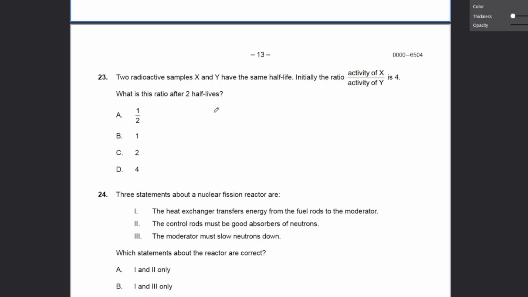Half the activity. So it's going to be over 2 to the power of 2 if we're having 2 half-lives. And we're doing that to each. So the ratio is going to remain unaffected because that will cancel out. So the ratio is still going to be 4. The answer is D.